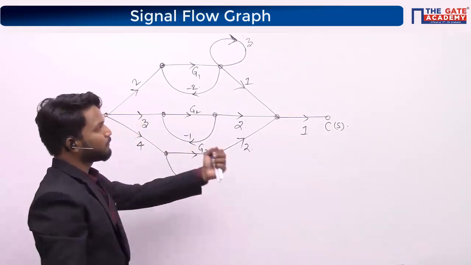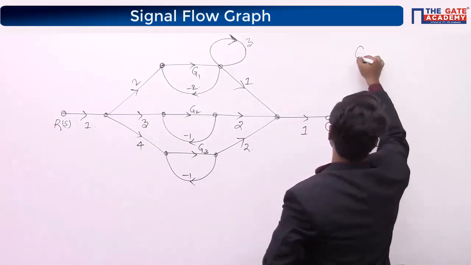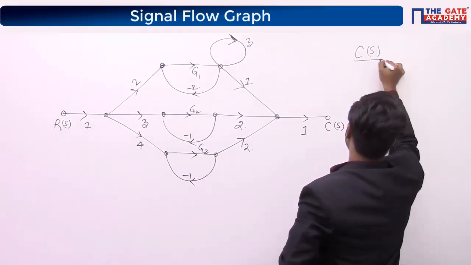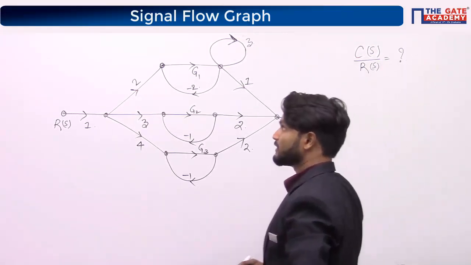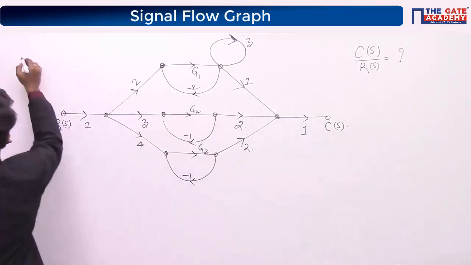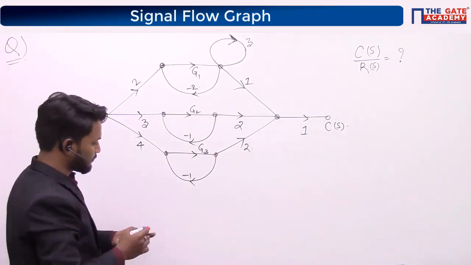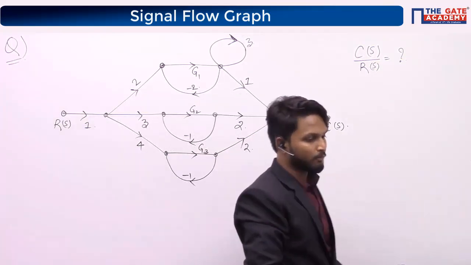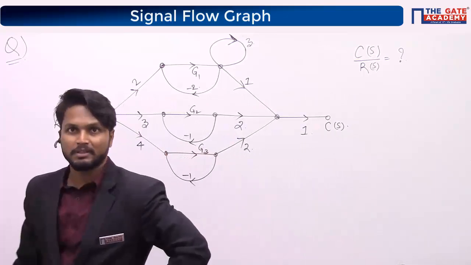Find out the overall transfer function C of S upon R of S for this signal flow graph. So this is your question.